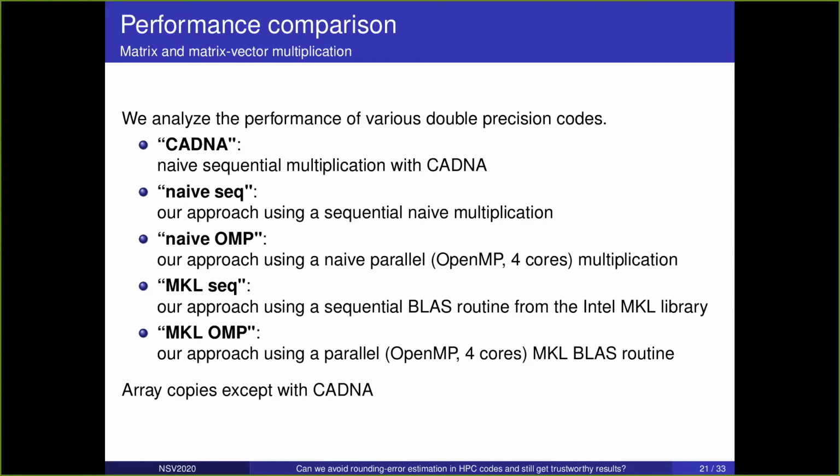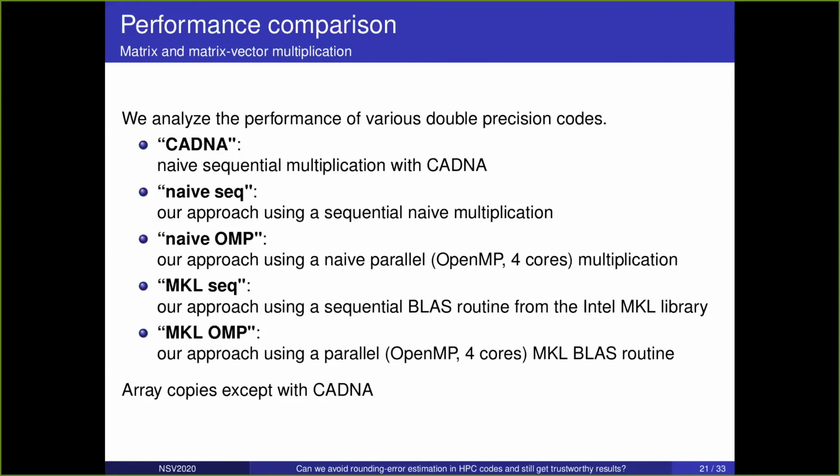So here, naive means that it's a classic, non-optimized multiplication with nested loops. We have the naive sequential codes. So they implement our approach using a sequential naive multiplication.